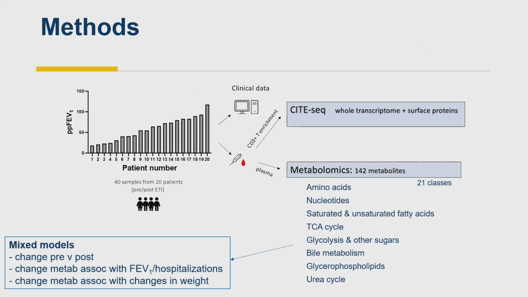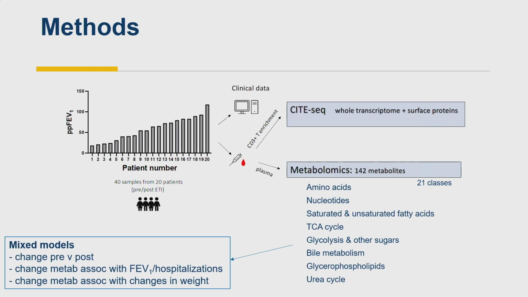So the methods for our study was that we took a cohort of 20 patients pre and post Trikafta. On average, it was immediately before starting Trikafta and then 5 to 6 months after being on Trikafta. In the waterfall plot, you can see that there is a range of percent predicted FEV1s in the patients pre-Trikafta.